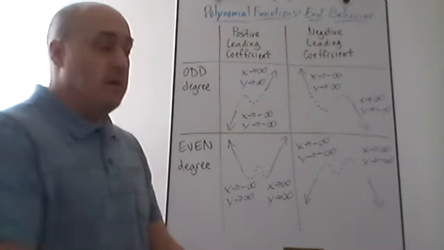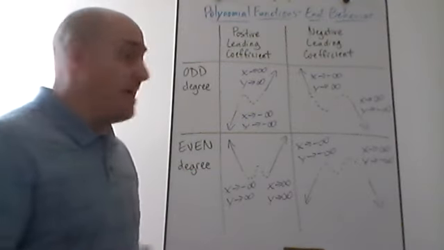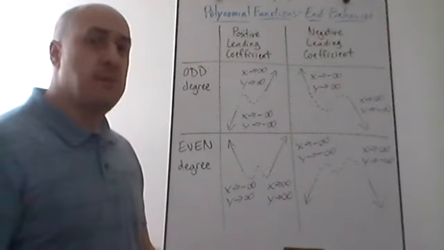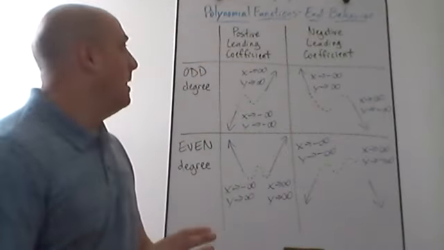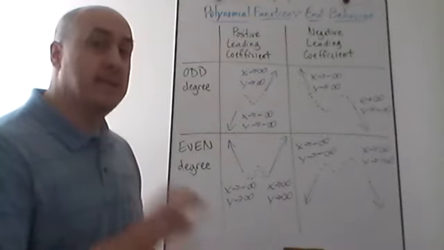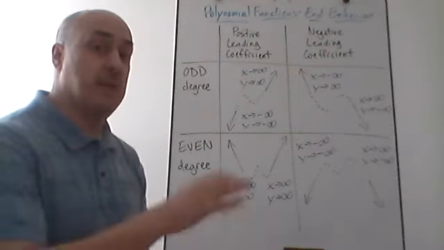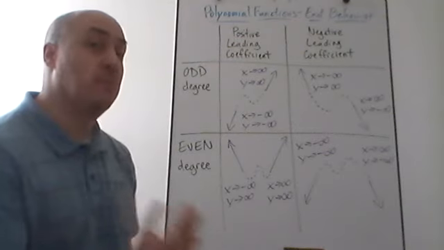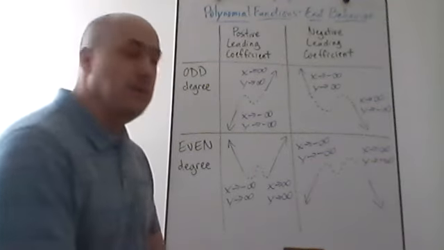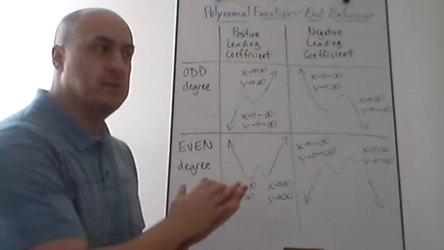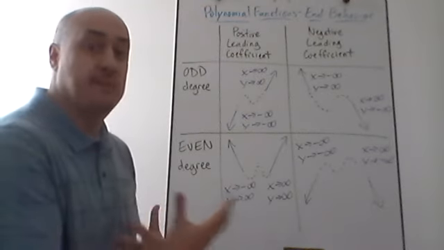Every polynomial function has one of those types of end behaviors. There are a couple of pretty basic rules that you can tell just by looking at the leading term of a polynomial. If you don't know what that means, you should look at the video that I did about the definition of a polynomial and some of the terminology that we use. The leading term is the number times the x raised to the highest exponent in your polynomial.